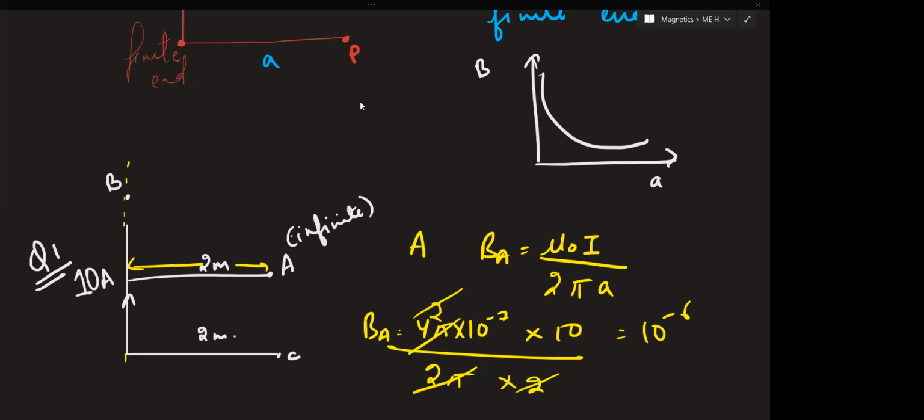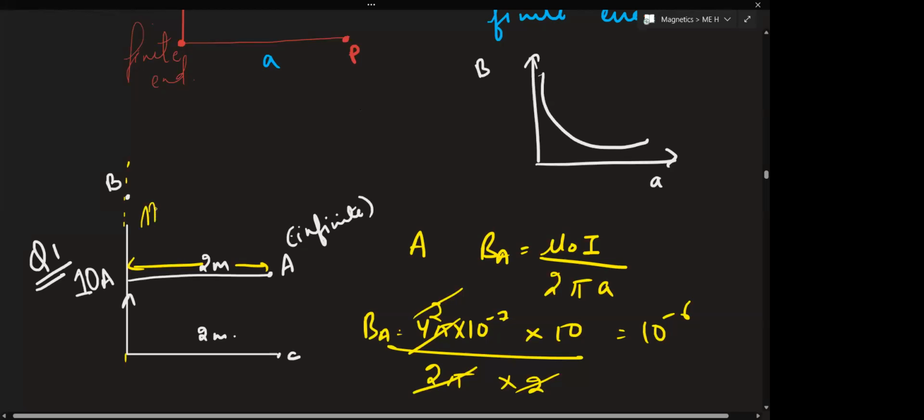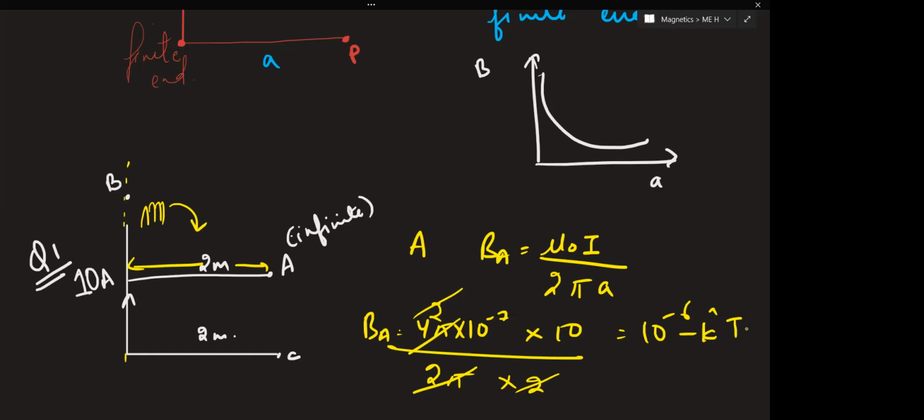If you keep your fingers in the direction of current, all 4 fingers will be like this, and then they will curl like this, and your thumb will be in. So this becomes minus k cap Tesla. Inwards is here. You can write inwards also. You can write down this axis as well.